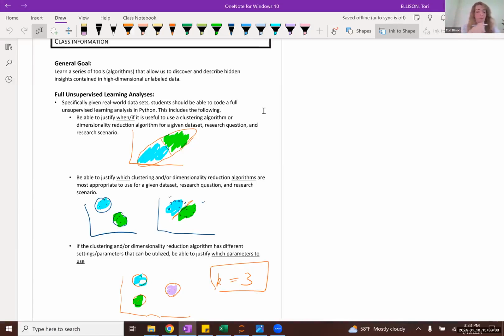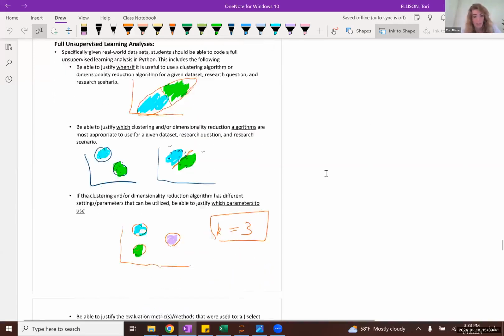So we talked about some of the questions that you would need to think about when it comes to completing that full unsupervised learning analysis. For instance, if you're conducting a cluster analysis, you want to think about, should we even apply a clustering algorithm to this data set in the first place? Or in other words, is your data set clusterable? And then, if you do decide that the data set is clusterable, you next want to think about, based on a variety of different pieces of information, what is the most appropriate clustering algorithm to use on that data set?